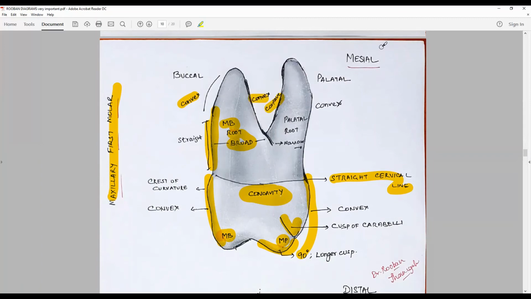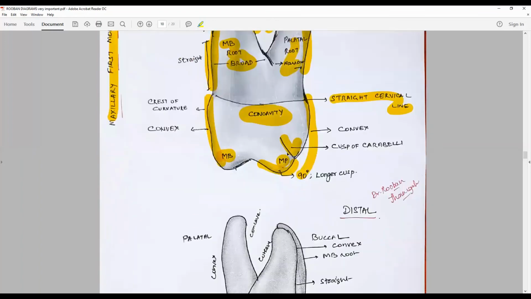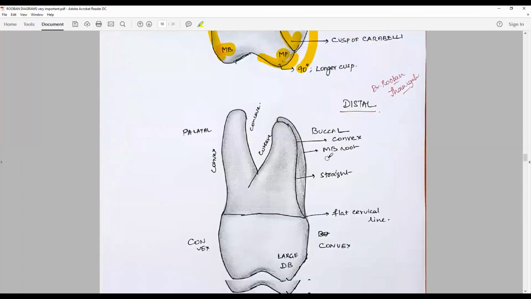The palatal root from the mesial aspect is uniformly convex on the palatal surface. Here the difference comes only on the buccal surface: convex, concave. The palatal root is narrow and smaller as compared to the mesiobuccal root. The mesiopalatal cusp and the cusp of Carabelli.